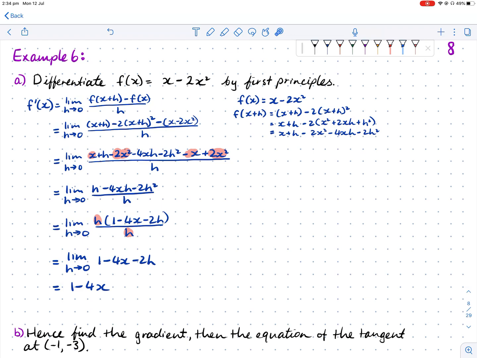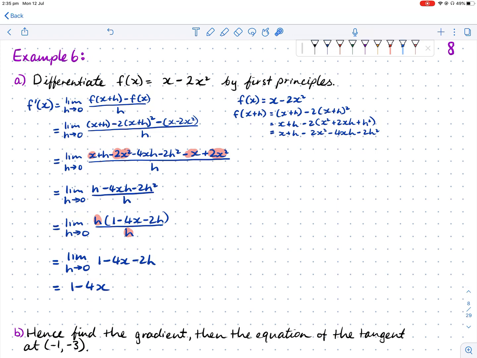Now, when we're doing this from first principles, what you'll notice is the minus f(x) bit should always cancel with stuff in the beginning. If the minus f(x) doesn't cancel, then you may have made a mistake in your expansions, so you'll need to go back and check it.